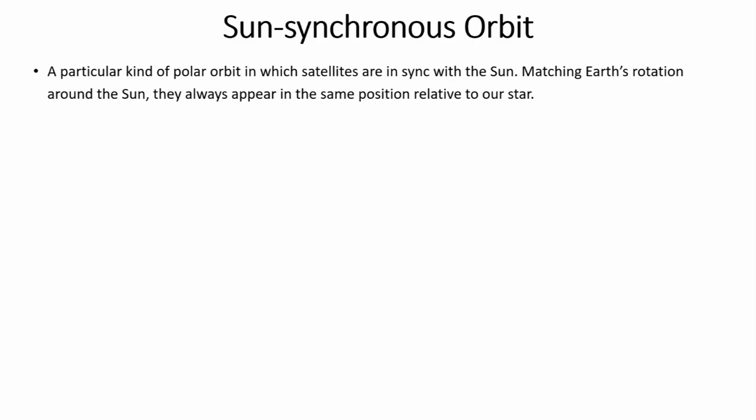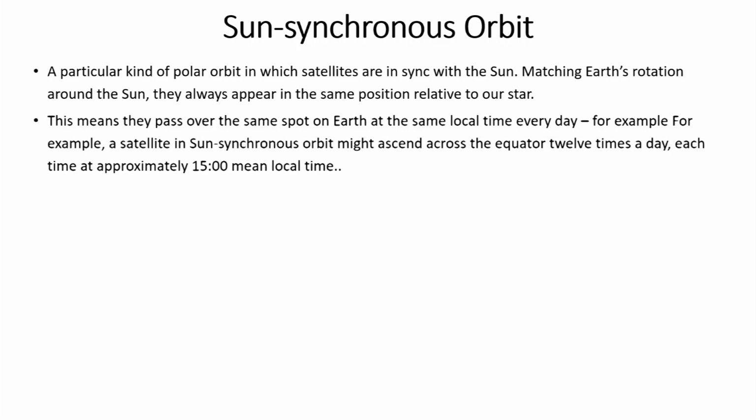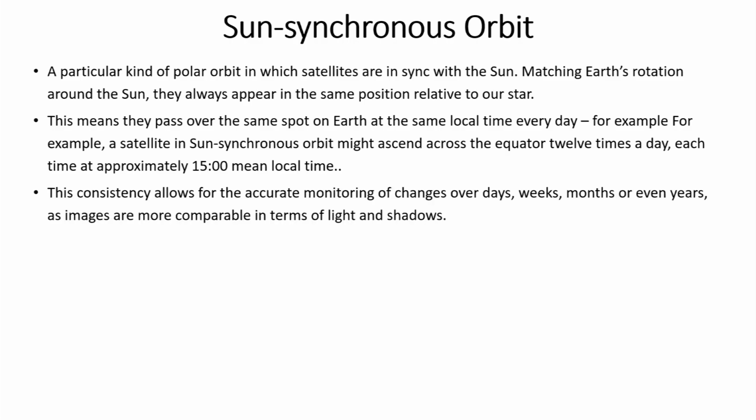The last type of orbit I would like to discuss is called the sun synchronous orbit. In the sun synchronous orbit, the satellite is put in such an orbit that it is in synchronous with the sun and the earth line. That gives you an advantage that the satellite crosses a particular area at the same local time.